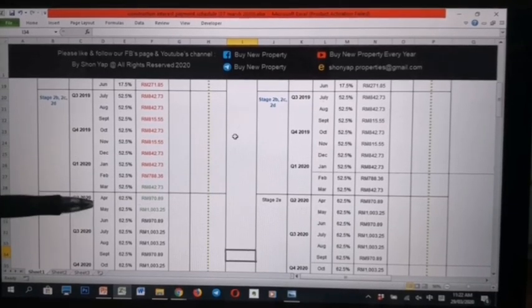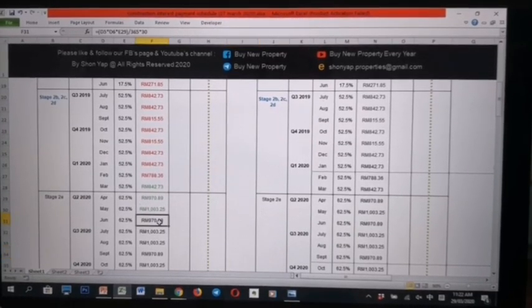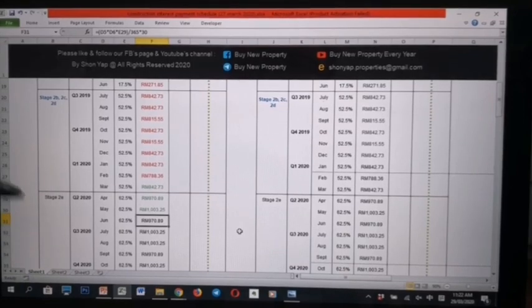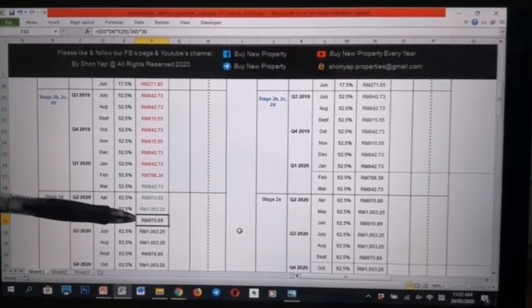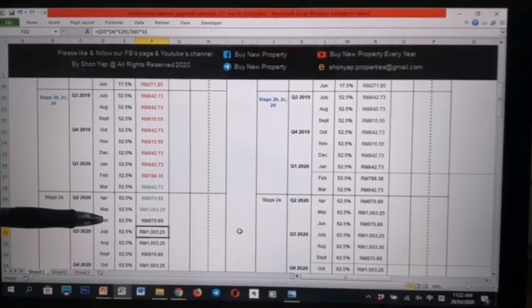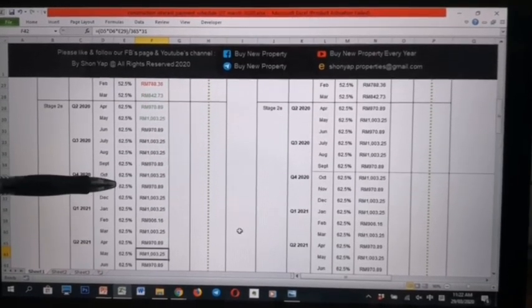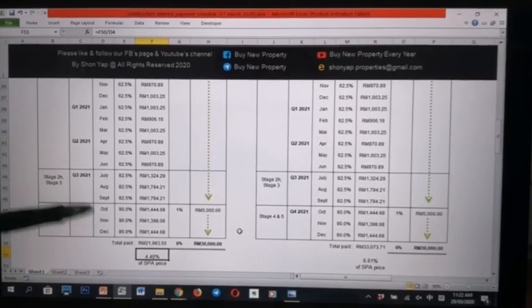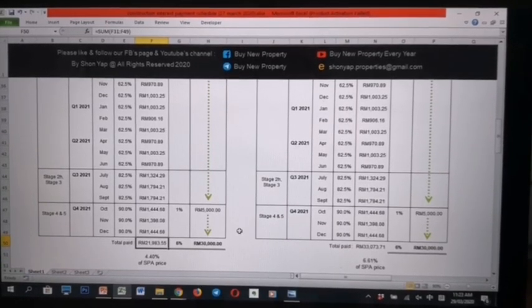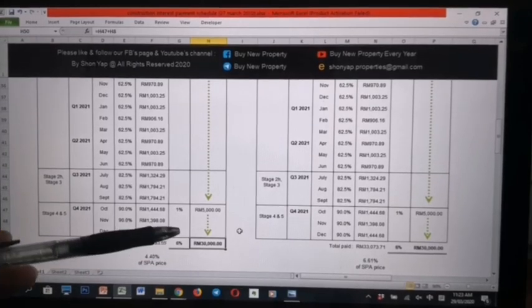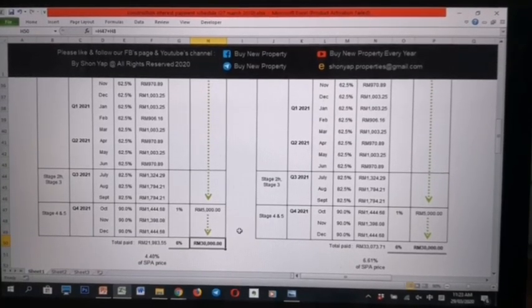So let's do the examples here. What if today you buy the property and start paying the interest every month all the way until completion? How much do you pay for about 2 years? About 21,000, and how much total can you get back? About 30,000 plus for the so-called cashback.